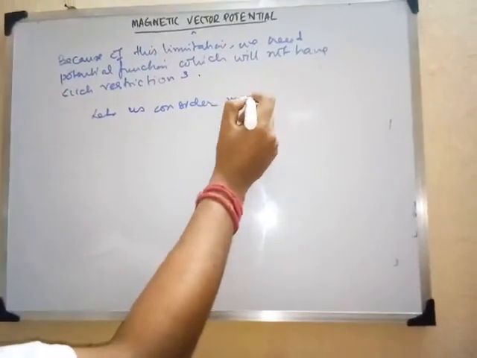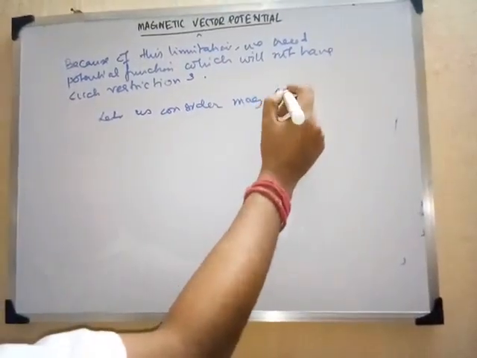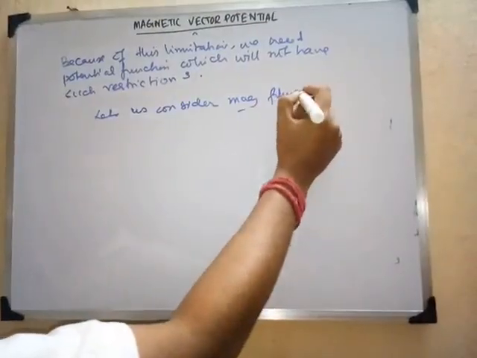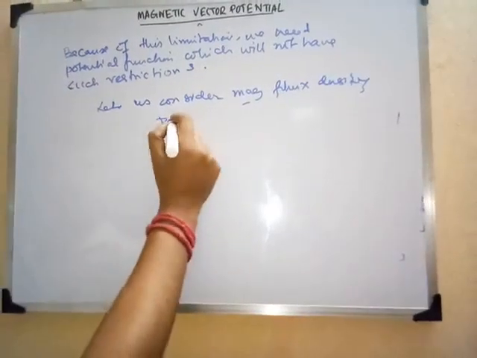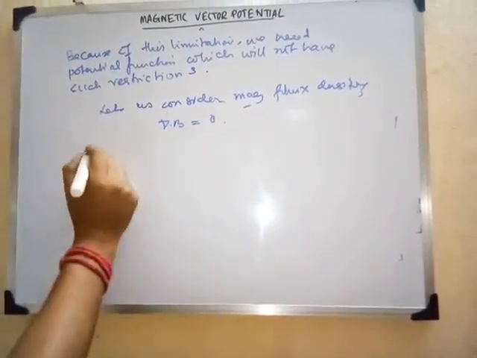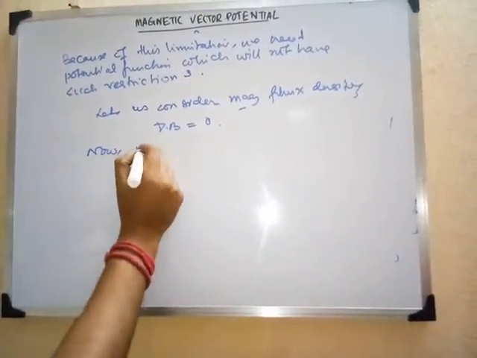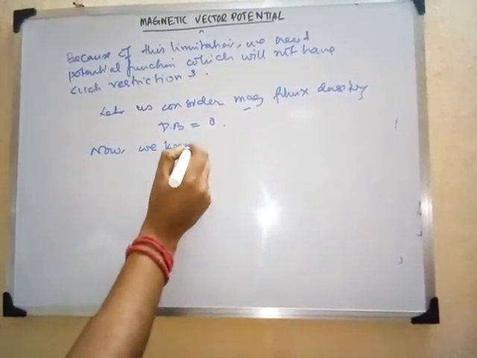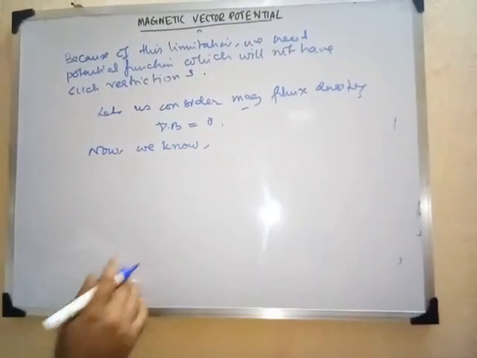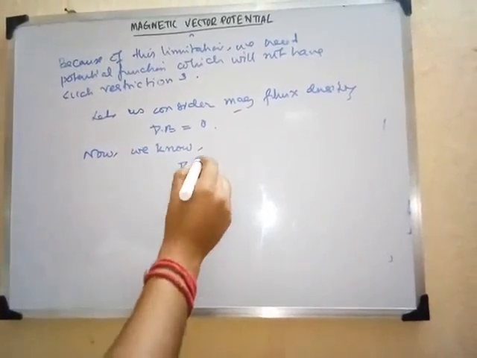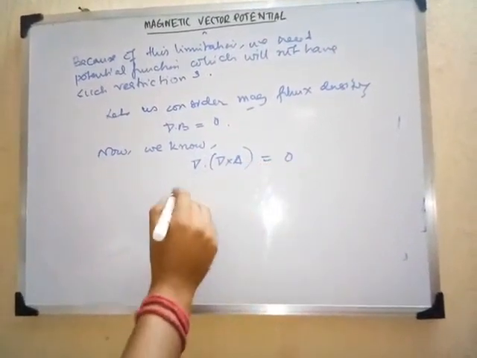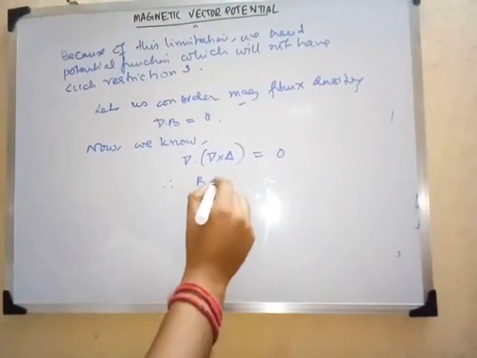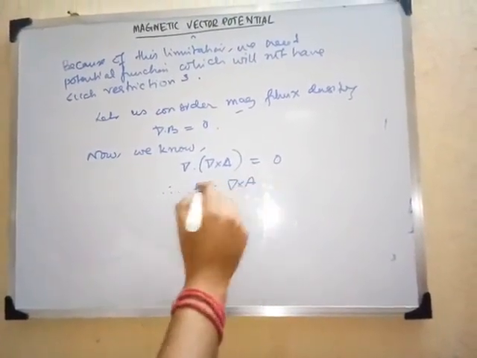To solve this problem, let us consider the magnetic flux density B. Del dot B is equals to 0. Now we know that the divergence of a curl, del dot del cross A, is equals to 0. So therefore we can write B is equals to del cross A, right?